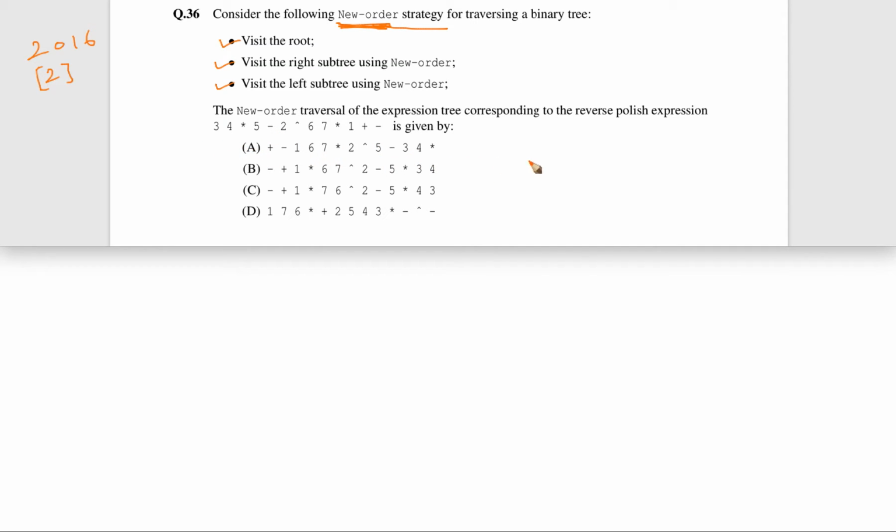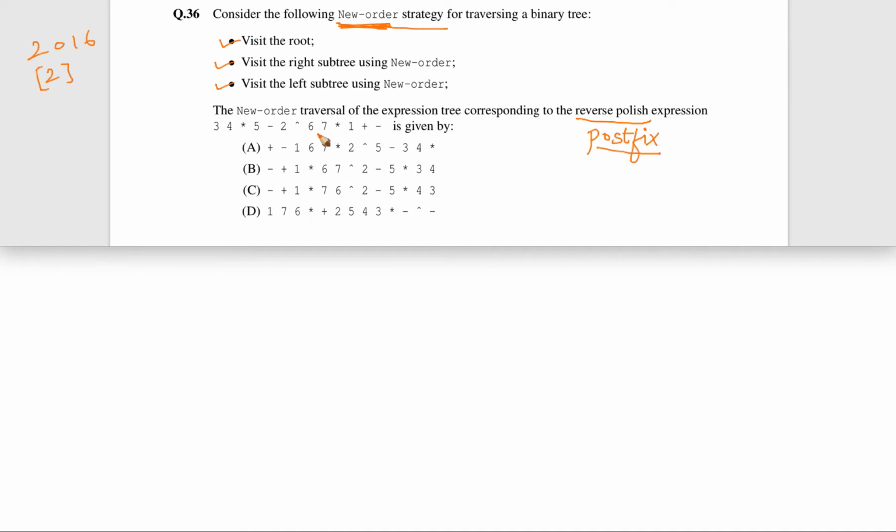firstly a particular expression is already given in terms of reverse Polish notation, which is basically what? Postfix notation. Okay, so there is another way of calling postfix notation: reverse Polish notation. You can see also it is a postfix notation, right?